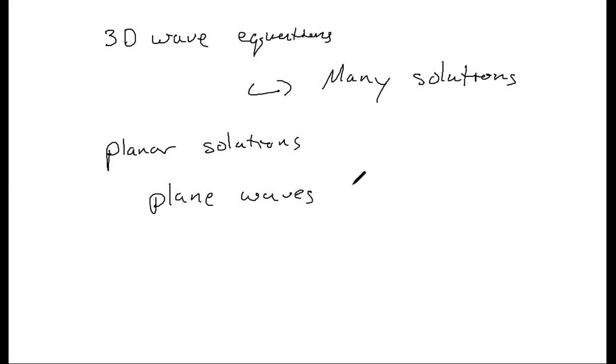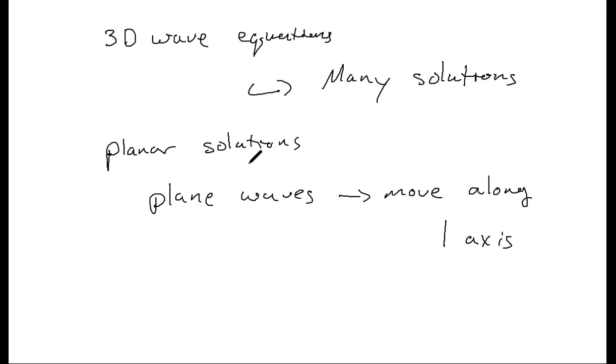These are waves which move along one axis only. So that means the wave solution will depend upon, well, we're going to take it to depend upon the x coordinate, which means it is independent of y and z. And because it is independent of them, if you were to plot level curves of wave intensity, they would sweep out planes.